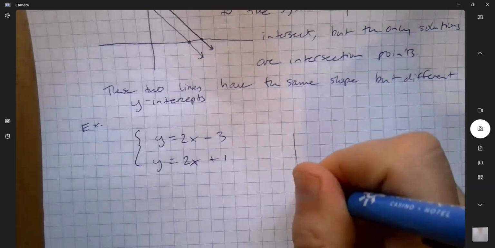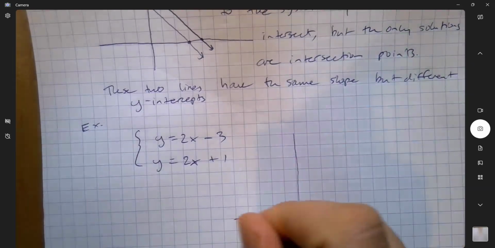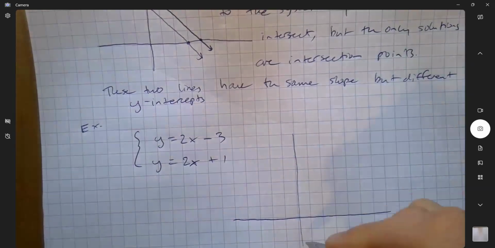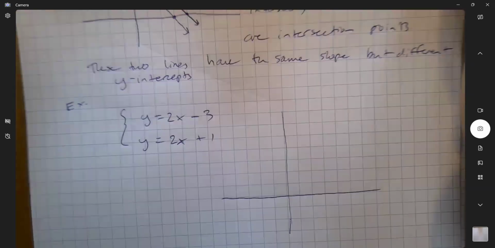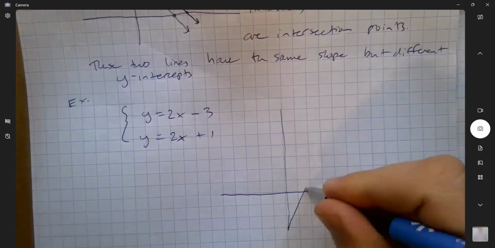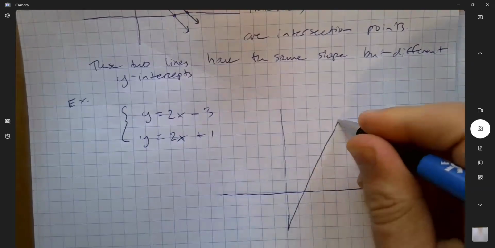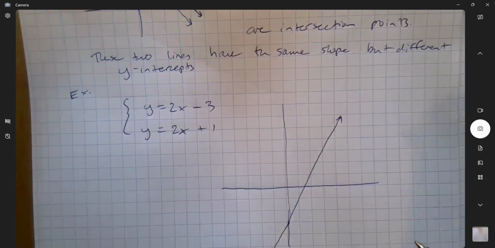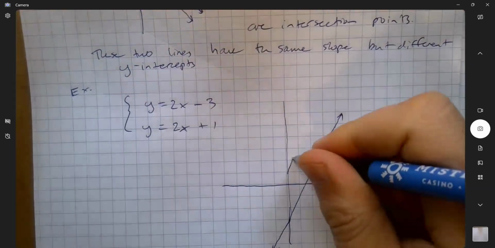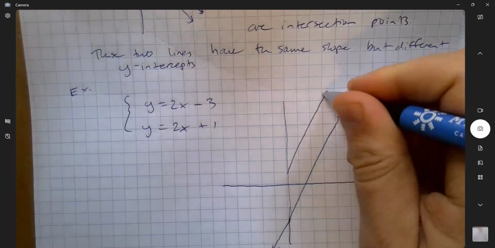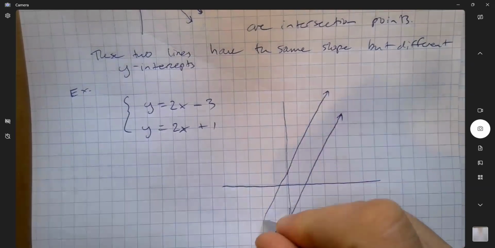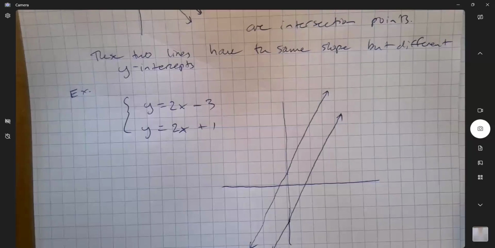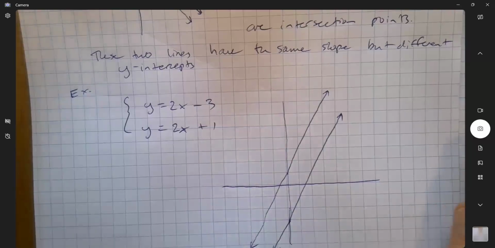So if I graph this, 2x minus 3 looks like that. And 2x plus 1 looks like that. And notice, since they have the same slope, they're parallel.